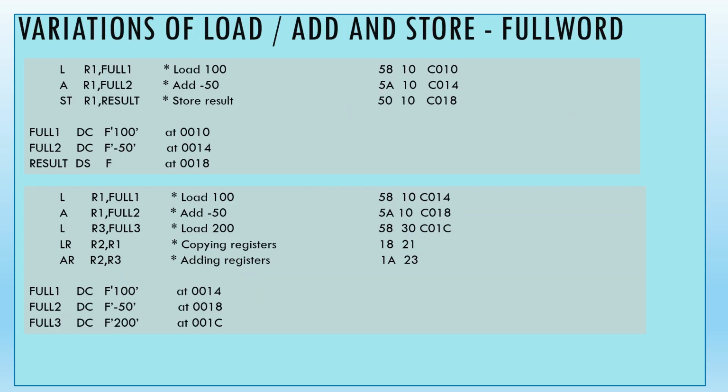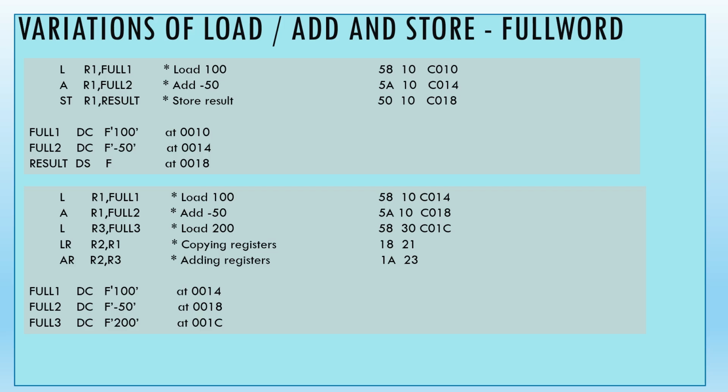So continuing with our examples, we defined full one, full two, and result, and all are full words. If you look at how it is stored, 0010, 0014, 0018. That means each variable is given 4 bytes, because it is a full word.